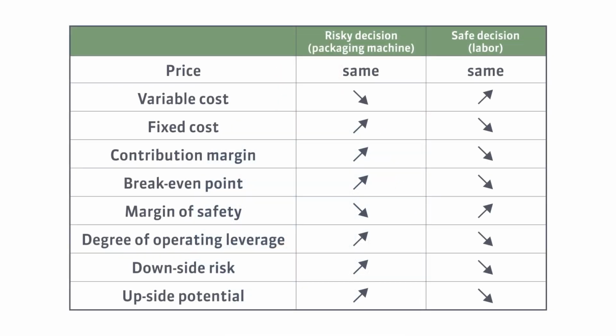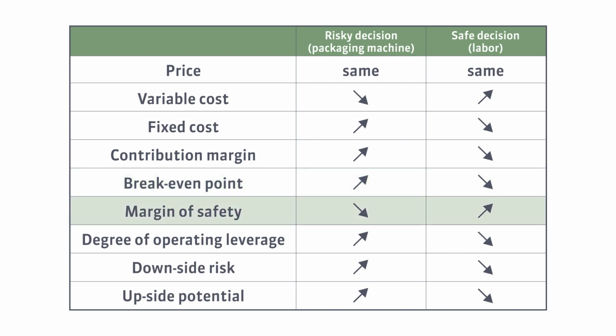Let's summarize the differences in the risky and safe approach from the point of view of operating leverage. Due to the different cost structure, the contribution margin will also be different. The break-even point will be reached faster in the safe version.